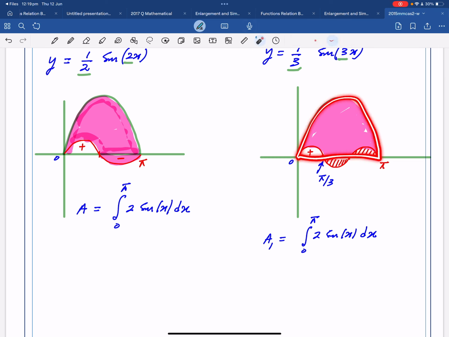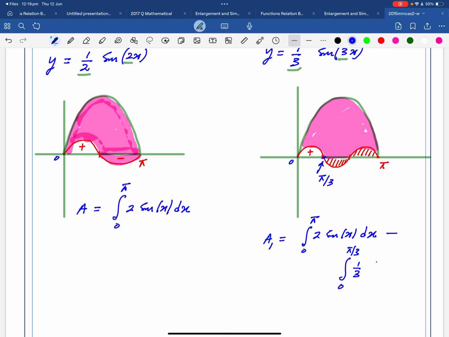Then I'm going to subtract this part, because these two are already taken care of. So I subtract the integral from 0 to pi divided by 3 of the function 1 divided by 3 sine 3x dx. That's how you do that.